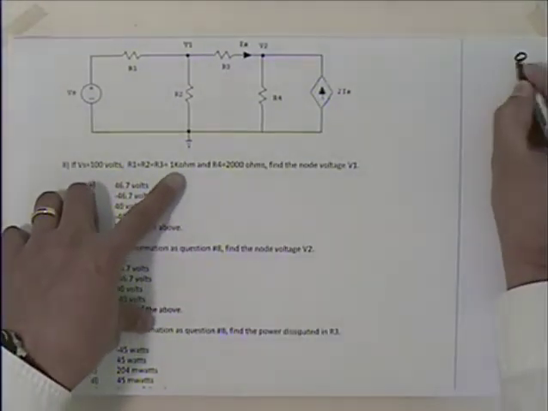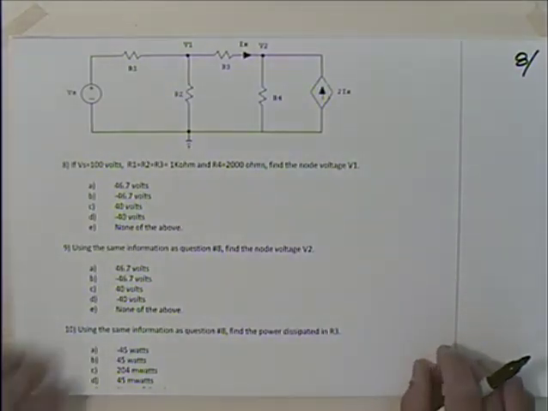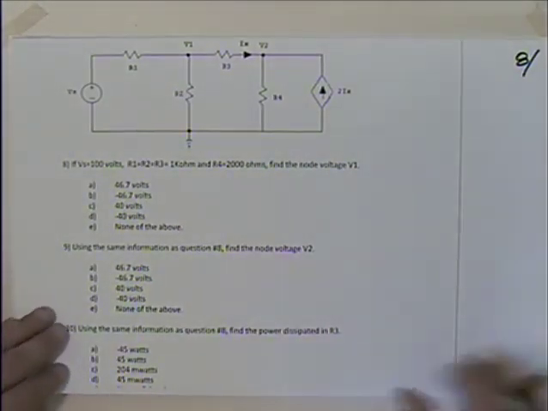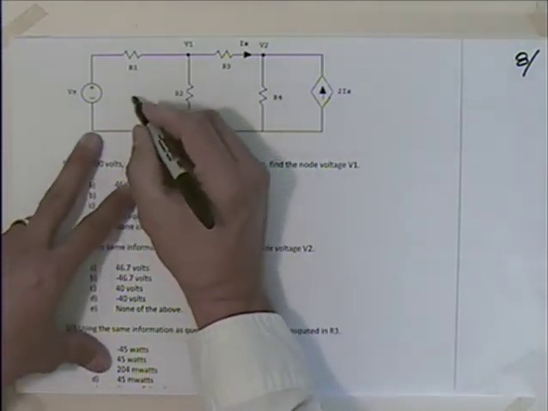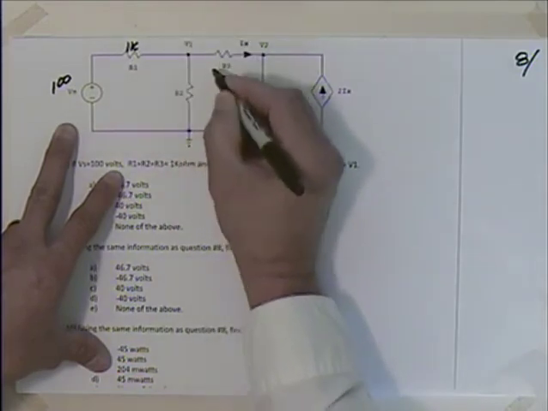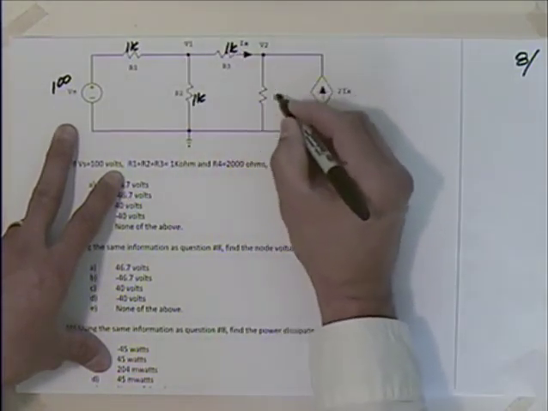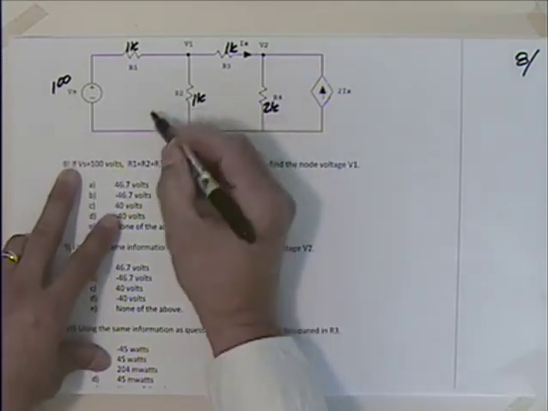Then I think we'll do this one more time here. We'll do it with mesh analysis. So let's say this is 100, 1K, 1K, 1K, 2K. Now I'm going to put these currents in here.